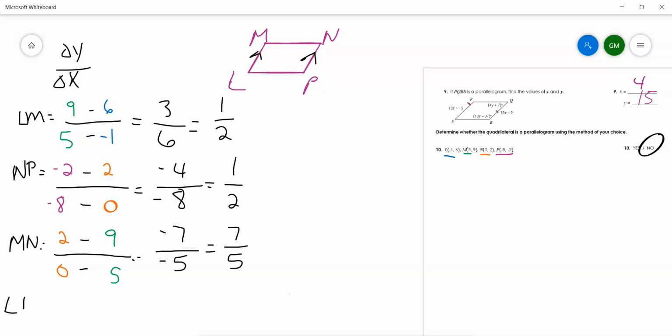And then LP. All right, so L is 6 and -1. And P is -2 and -8. All right, -2 minus 6 is -8.